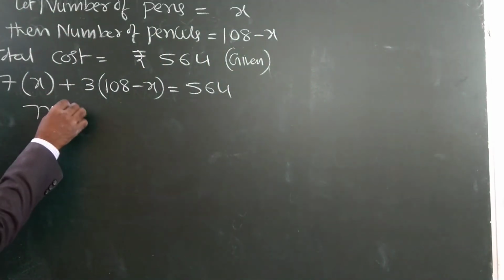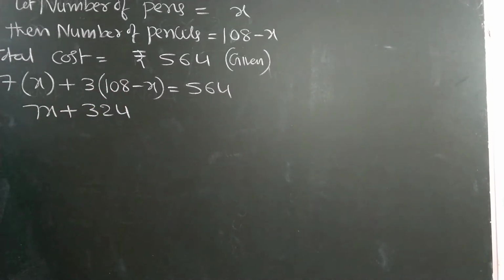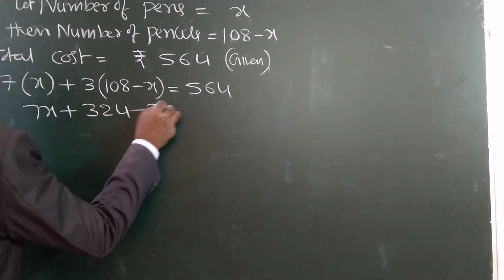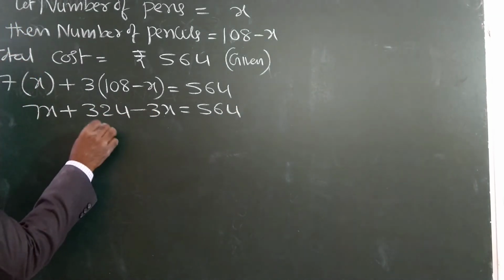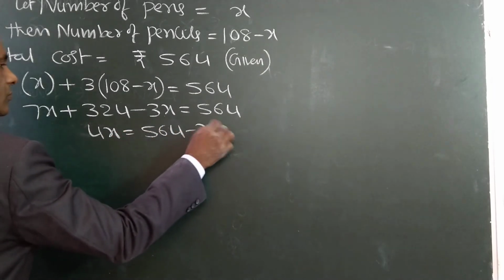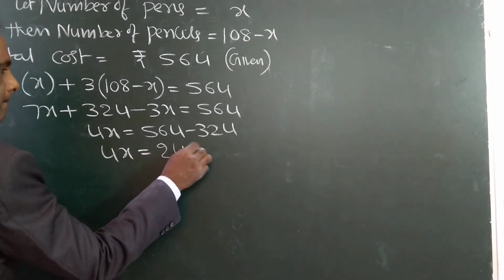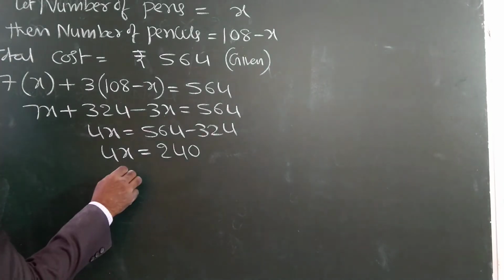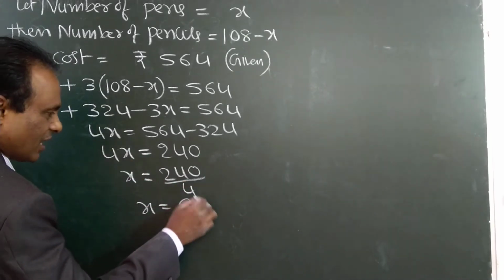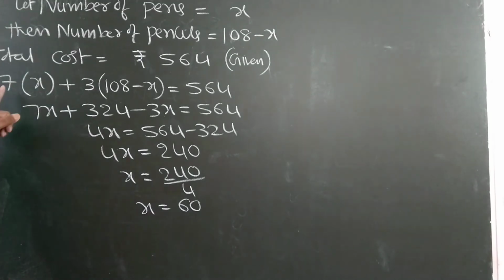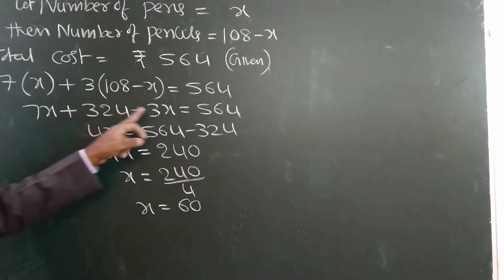Seven into x, 7x. 3 into 108, you multiply, 324. 3 into x, 3x, equals 564. 7x minus 3x is 4x.